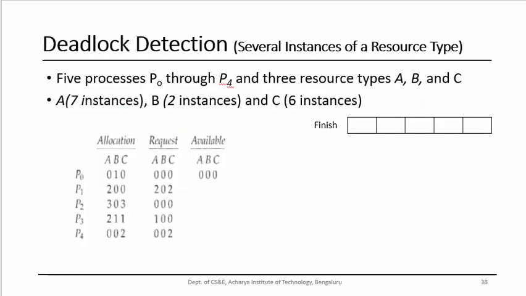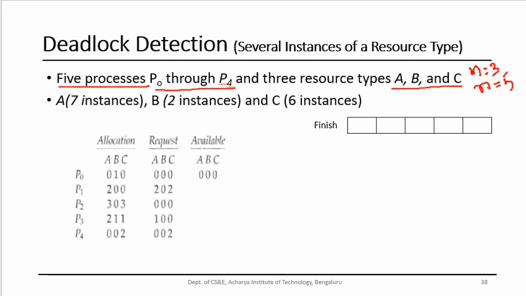Okay, let us take this example. Here we are considering 5 processes, P0 through P4, and 3 resource types A, B, C. That means the value of M is equal to 3. How many processes are there? There are 5 processes, so therefore N is equal to 5.